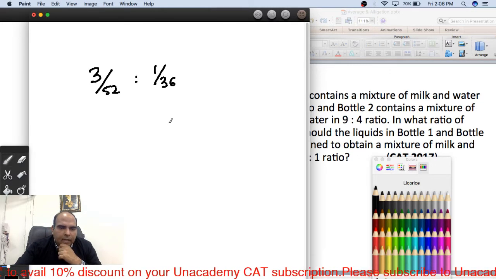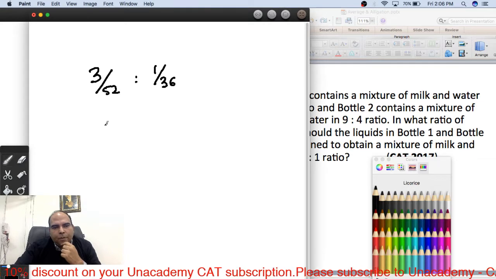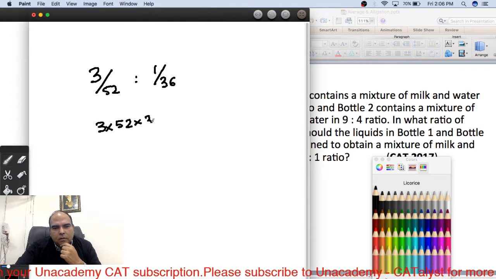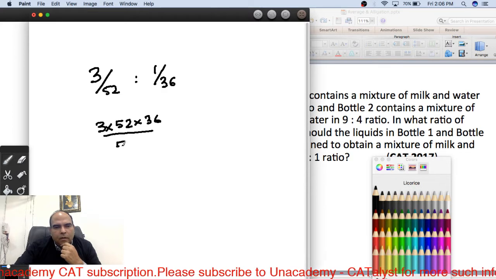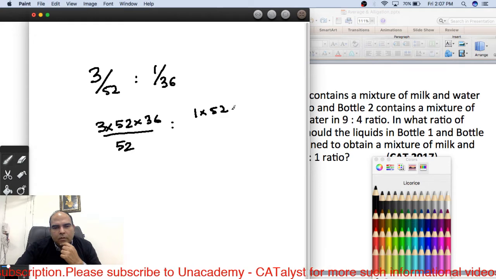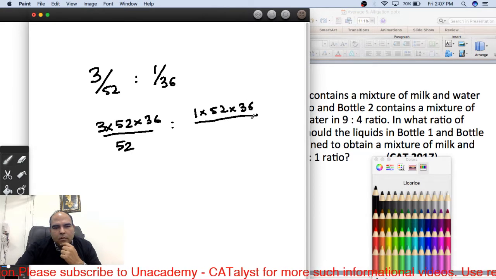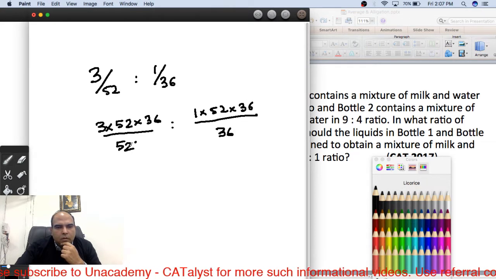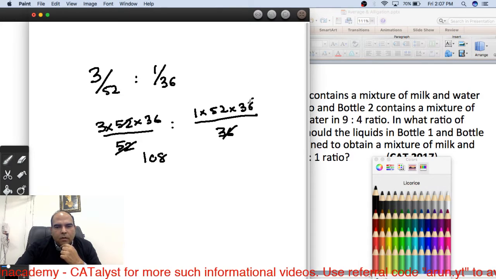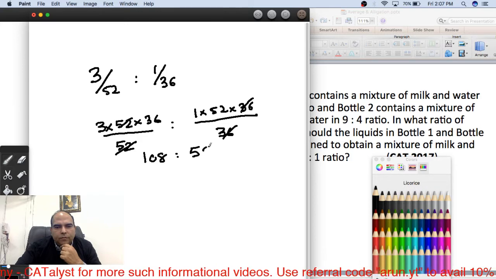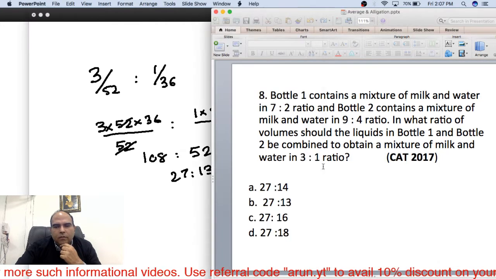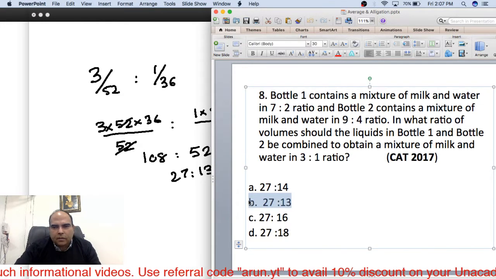Right, and this you can convert into a proper ratio by multiplying both sides by 52 into 36. तो यहाँ पे you will get an answer of 108 is to 52, which is 27 is to 13, and hence option B is the right answer.